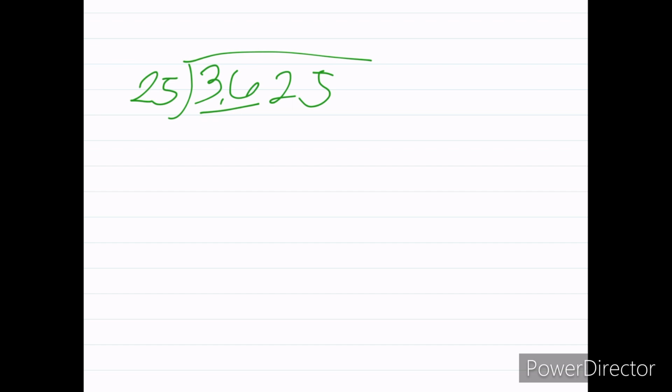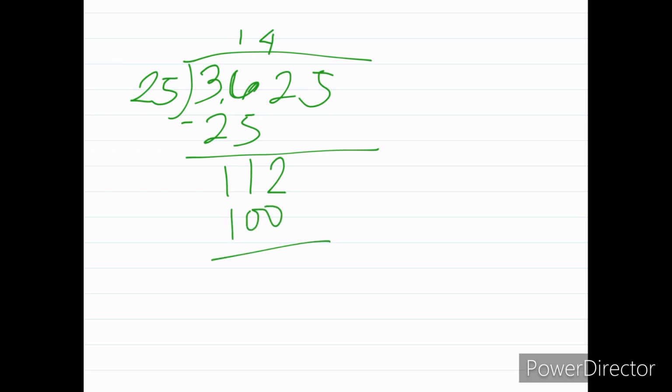We have 1. 1 times 25 is 25. So 36 minus 25 is 11. Okay, bring down 2. 112. How many 25 are there in 112? We have 4, because 4 times 25 is 100.